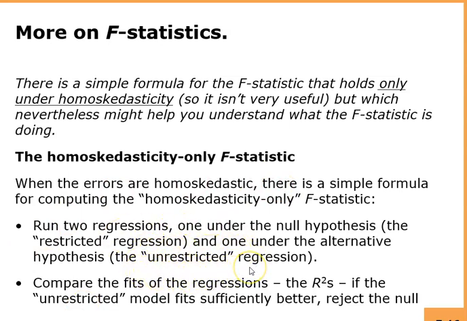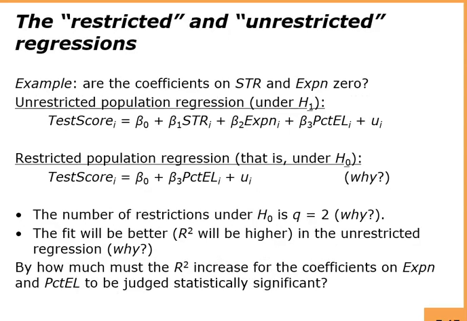So we'll estimate both regressions separately, and then get the R squares from both of these, which will help us in calculating the homoskedasticity-only F-statistic.